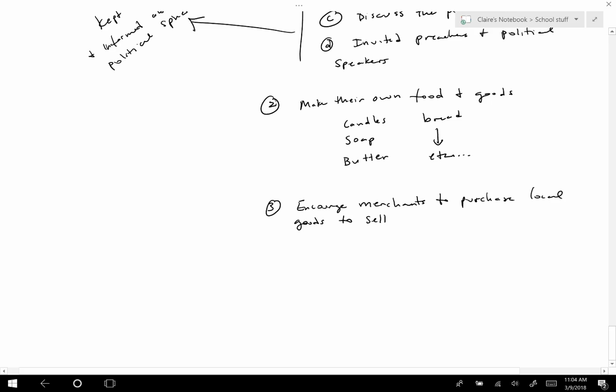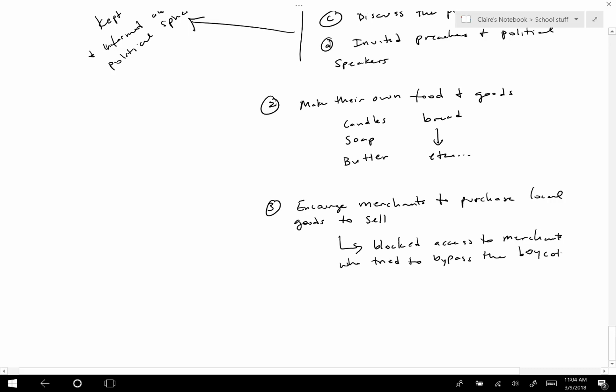All right, and then besides encouraging local merchants, well, that's actually two parts. Not only did they encourage local merchants to purchase and sell local goods, they also blocked access to merchants who tried to bypass, let's call it, the boycott.